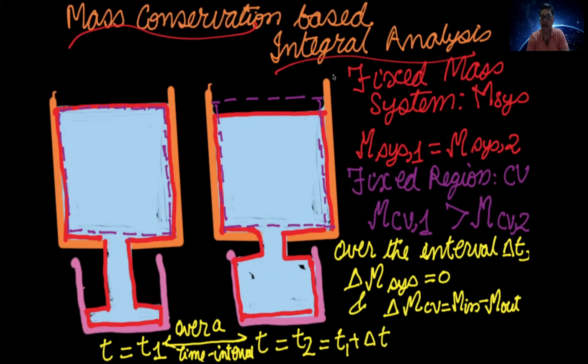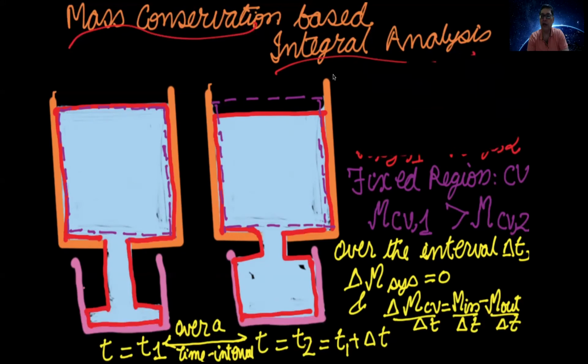However, if we divide this expression by delta T, the change in the mass of the control volume equals the mass entering minus the mass leaving over a time interval of delta T. If we divide this equation by delta T as shown here and apply the limit delta T tends to 0, then this gets converted into dm control volume divided by dt, and this equals the mass per unit time, called the mass flow rate, at which mass is entering the control volume, minus the rate at which mass is leaving the control volume.